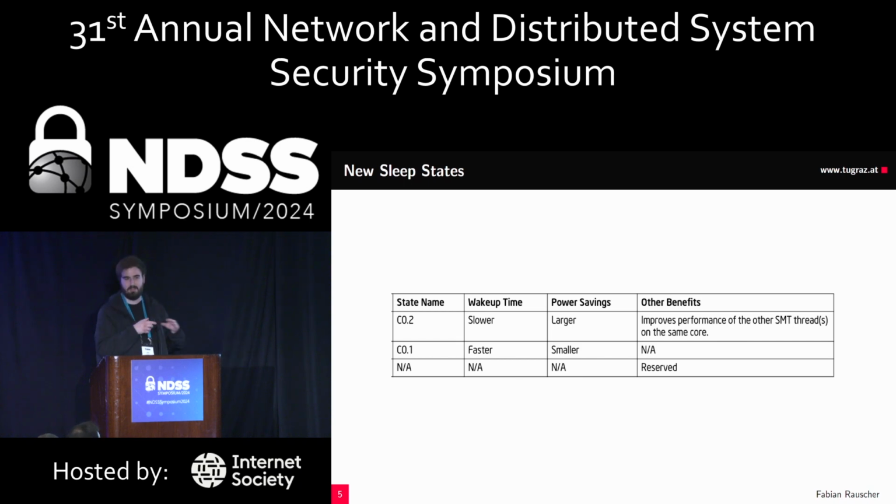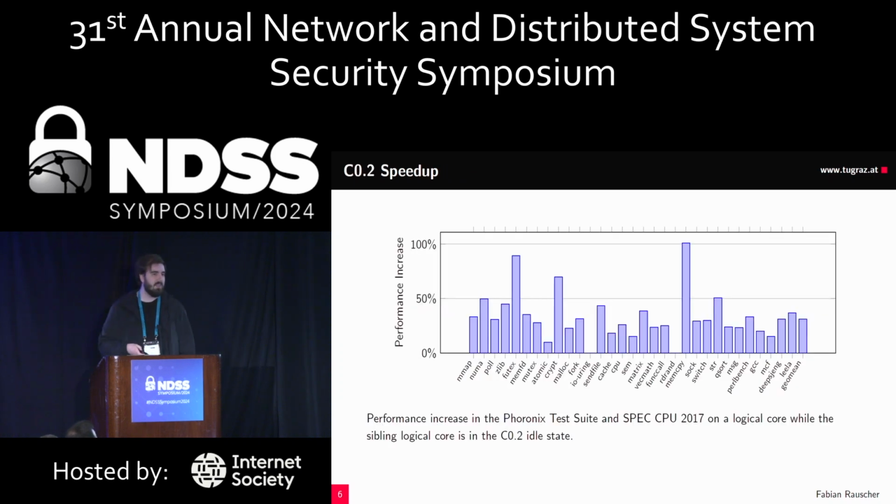Typically when you have SMT, you have multiple logical cores per physical core, and they share some resources. So how much does this actually give us? Here we have some benchmarks. We ran those benchmarks on one logical core, and on the sibling logical core, we either did a busy wait or went into C0.2, the optimized sleep state where the other core gets faster.